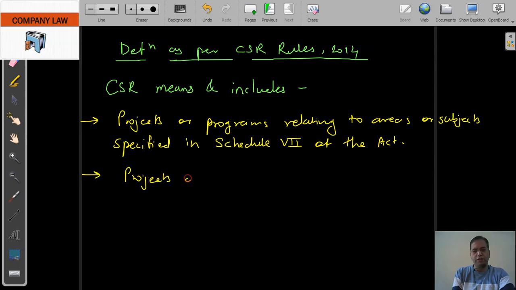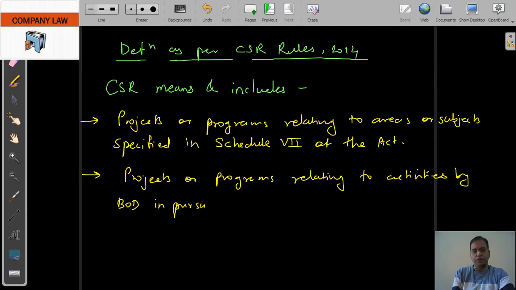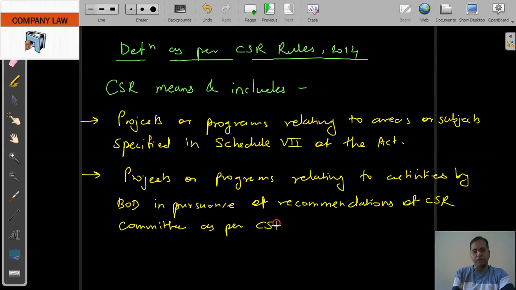Or projects or programs relating to activities undertaken by the Board of Directors in pursuance of recommendations of the CSR Committee as per the CSR Policy.